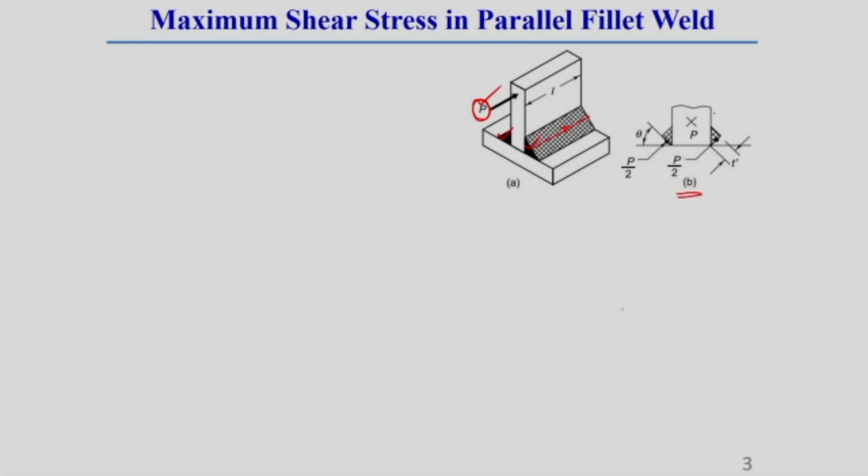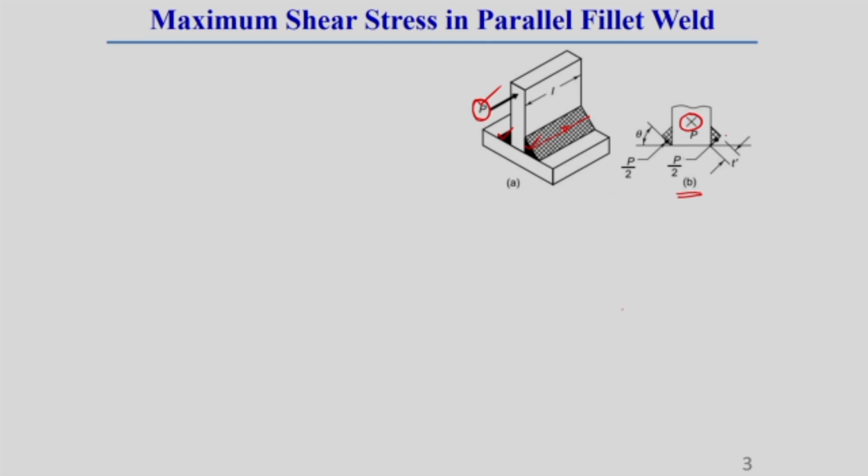Here let the position of the applied load P be represented by a cross. What does this cross indicate? This cross indicates the force perpendicular to the plane of the paper, going away from the observer.